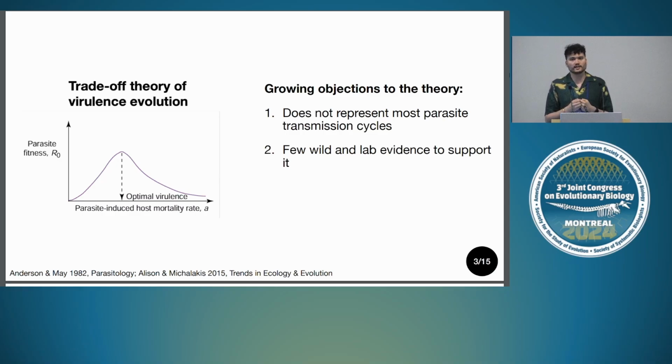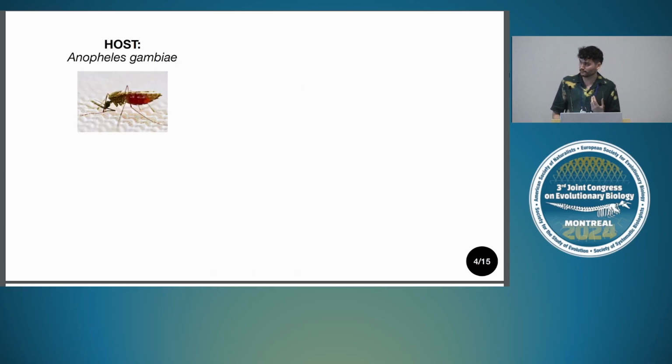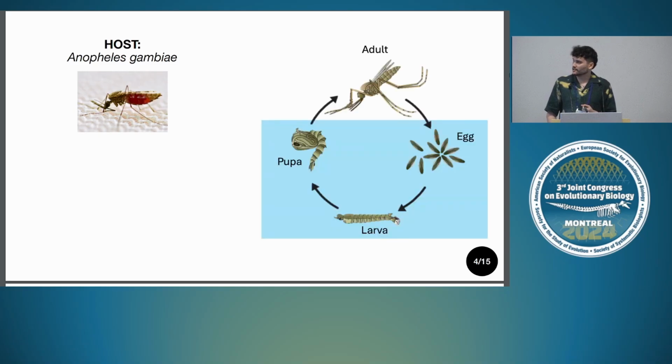So when we looked at this, we thought, how about we disrupt transmission and try to select for two different times of transmission within a host. For that, we took advantage of our lab host, Anopheles gambiae, the malaria vector. For those who don't know the life cycle, it has a terrestrial phase and three aquatic stages.